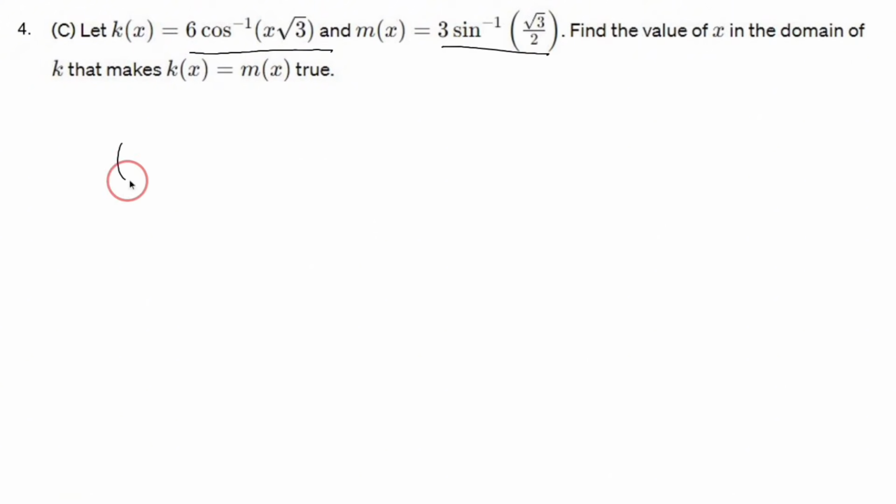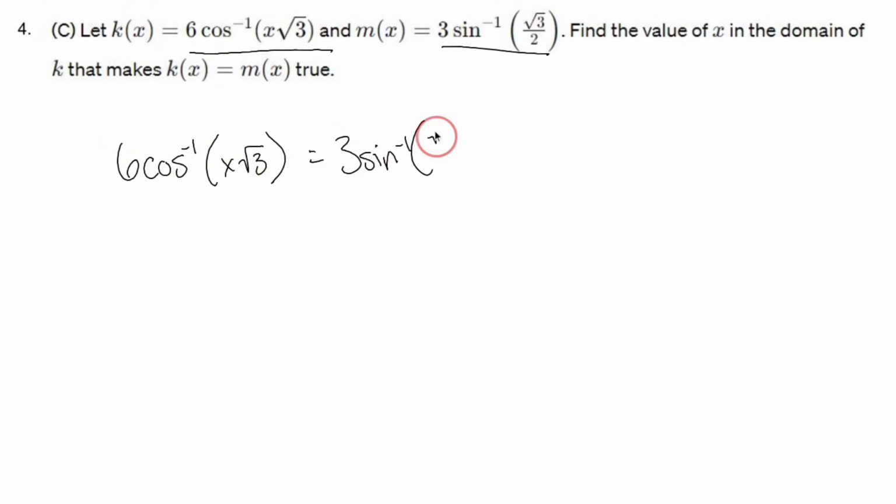All right, so I've got 6 inverse cosine of x root 3 is equal to 3 inverse sine of root 3 over 2. Okay.